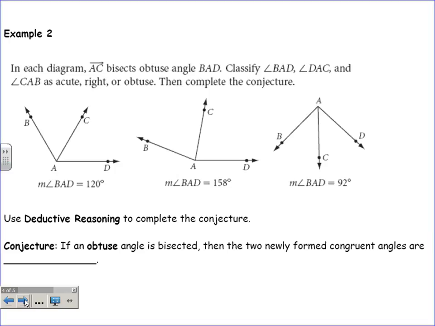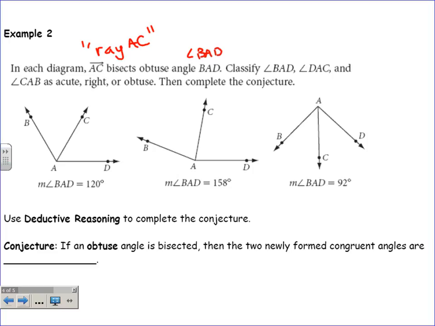Okay, this next part, example 2. It says in each diagram, this is ray AC, that's how it's pronounced. Ray AC bisects the obtuse angle BAD. Classify angle BAD, angle DAC, and angle CAB as acute, right, or obtuse, then complete the conjecture.